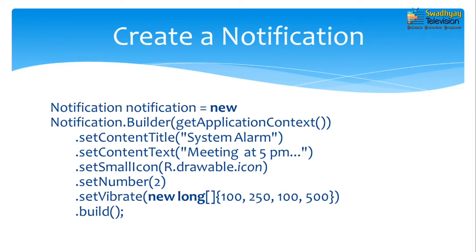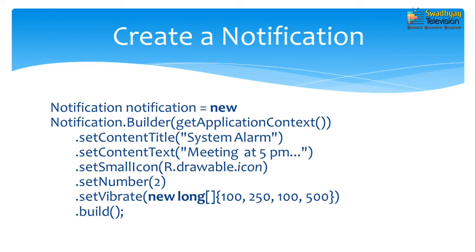Here this builder object's build method is used to create the notification. First we create the notification builder object, and in the argument we provide context, which is our application context, and once this object is available we can call its various methods like set content title, content text, small icon, number, vibrate, etc.